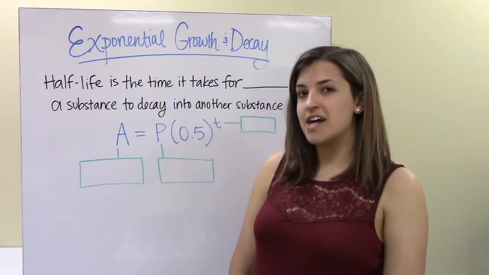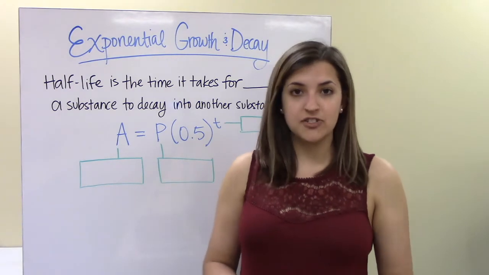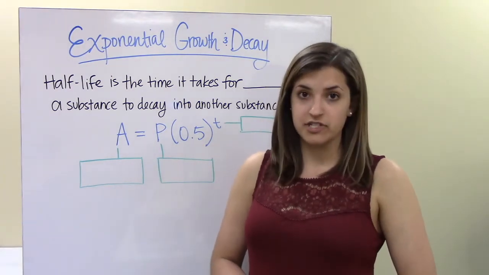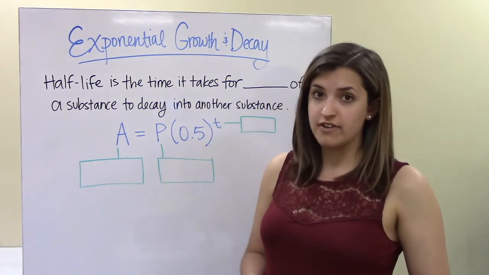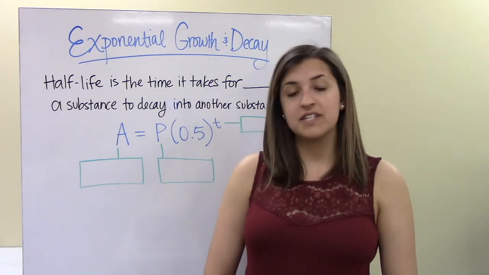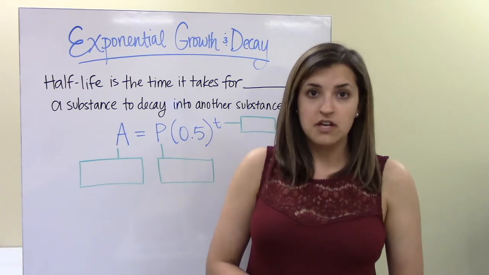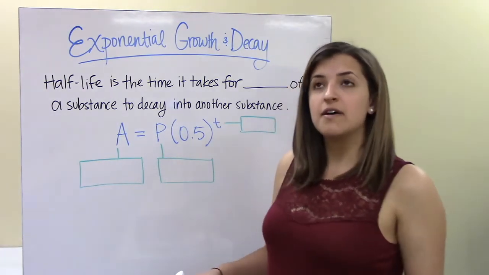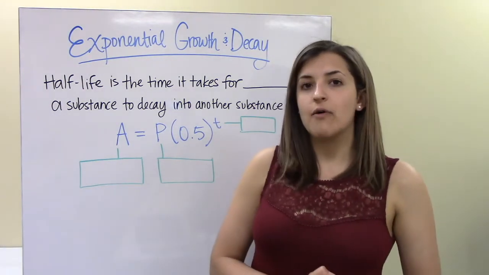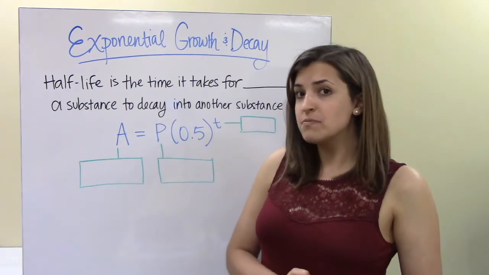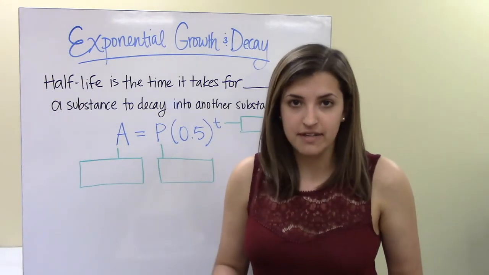All right, our last topic has to do with exponential decay, but it's a special kind of exponential decay, and it's called a half-life. You may have heard of this before in science because it comes into play in chemistry and physics and even biology. So a half-life is basically a way to express how some radioactive isotopes lose their radioactivity.